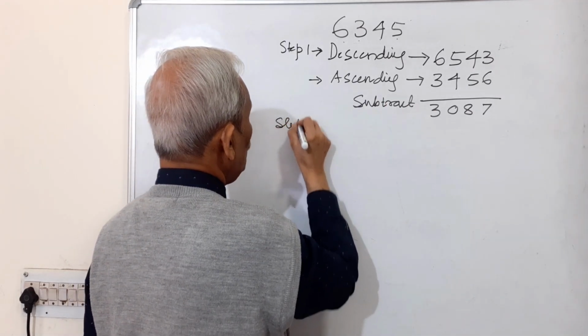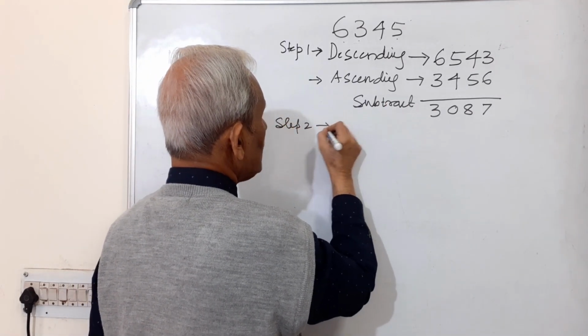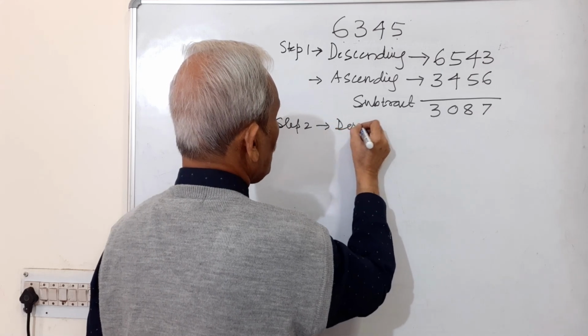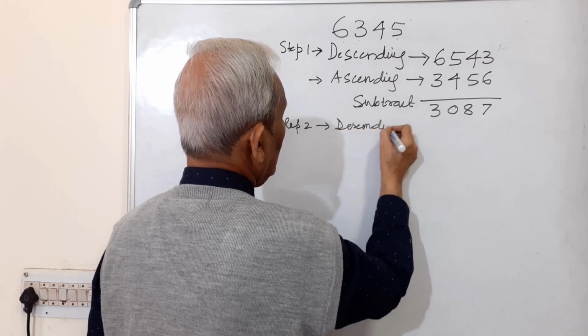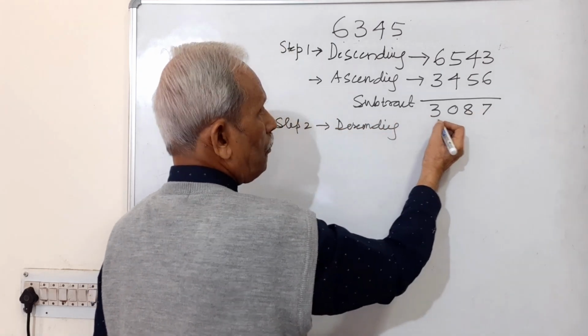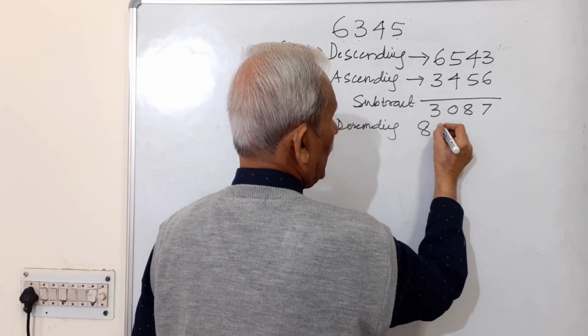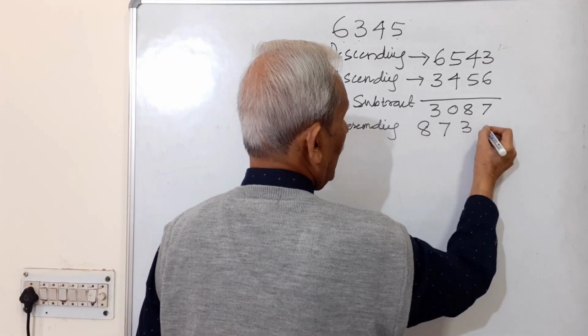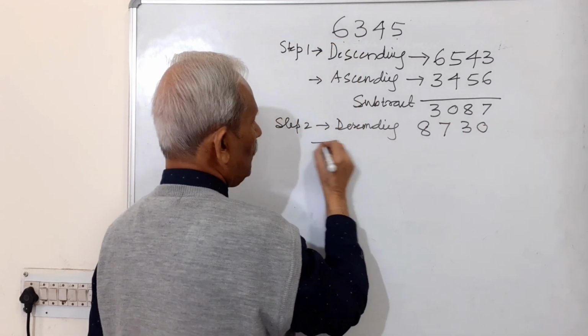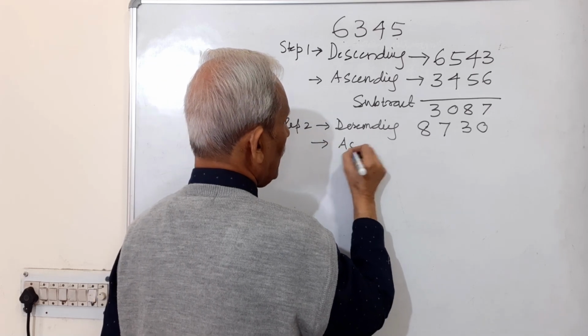When you get 3087, you repeat the same process. Again, step 2, descending number: the biggest digit is 8, then 7, then 3, and then 0. And then you take the ascending number.